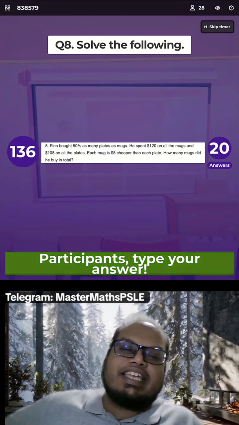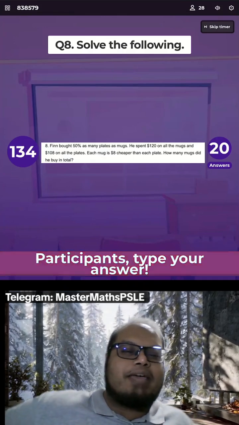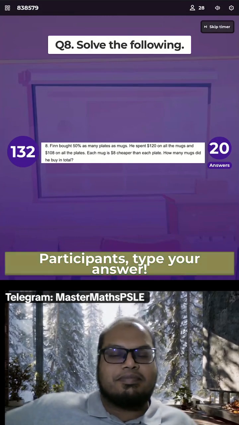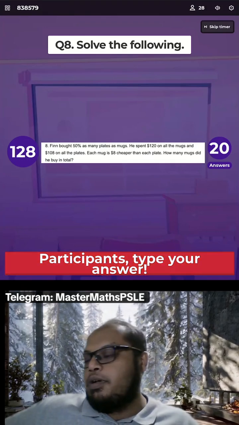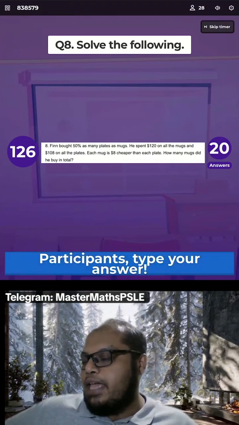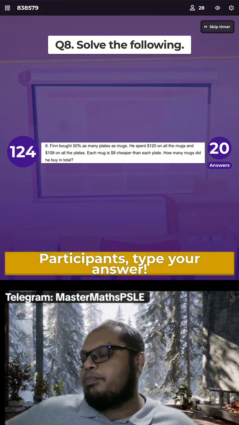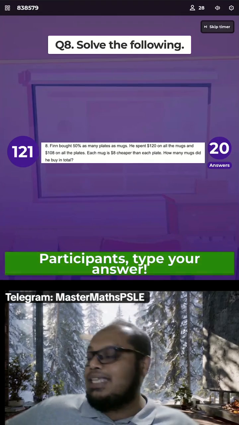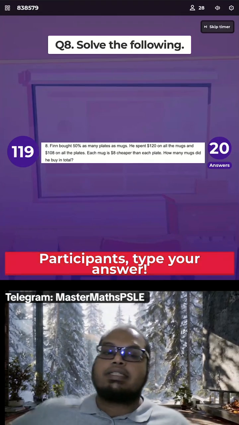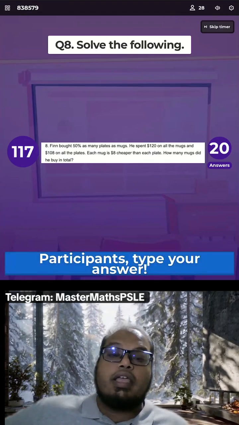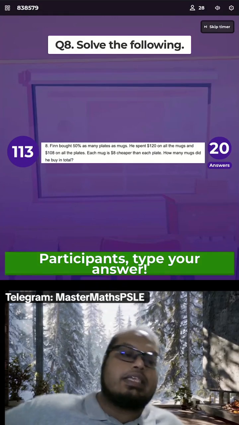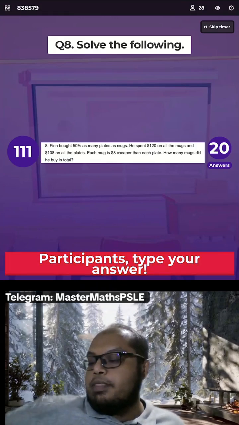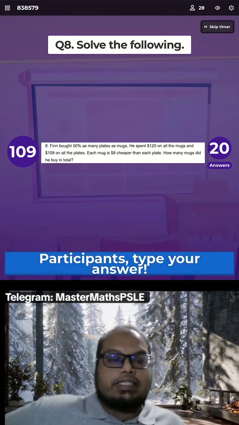The hint here is: how do you make them the same? How do you make the quantity of plates and marks the same? Once they're the same, it's easier for you to calculate how many marks and how many plates.